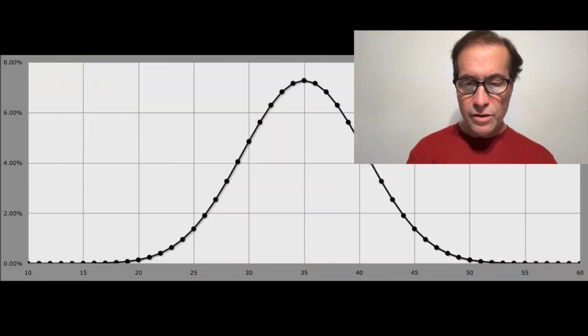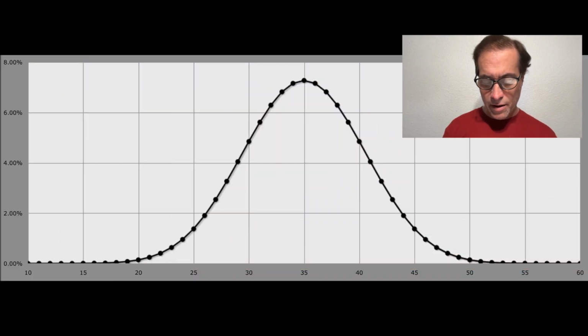So let's look at 10d6 as an example. I'm putting the graph up here from AnyDice. If you look at the graph, you'll notice that 35 is dead center, and it's tapered way down even at 25 and 45. So we can immediately see that 30 to 40 is highly likely.